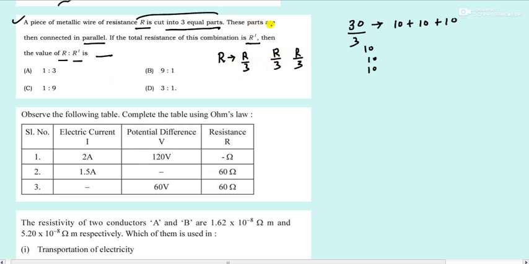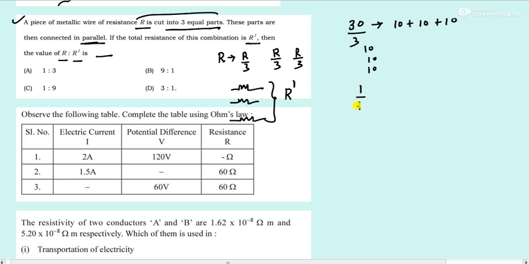Now they have given that these parts are connected in parallel, meaning these three, R by 3, R by 3 and R by 3, are connected in parallel. When they are connected in parallel, the total resistance is R dash. Then the value of R is to R dash is what? So write the formula.